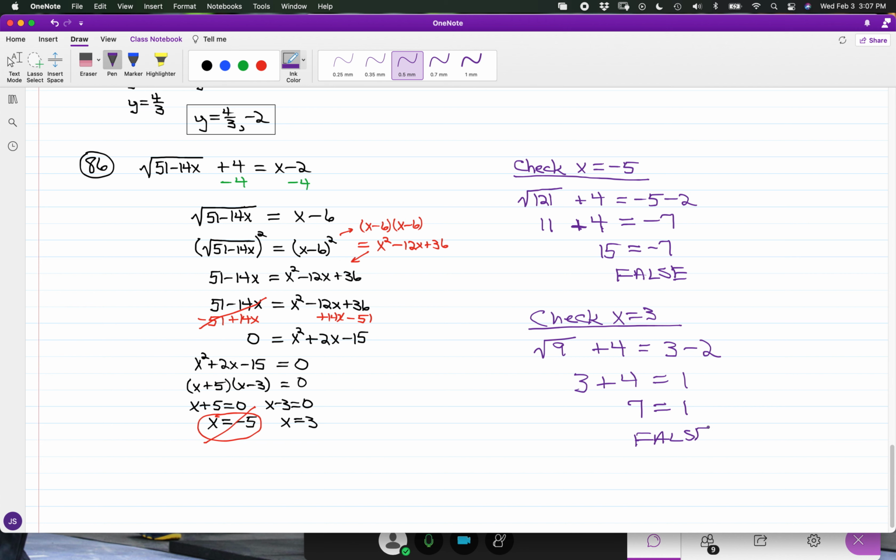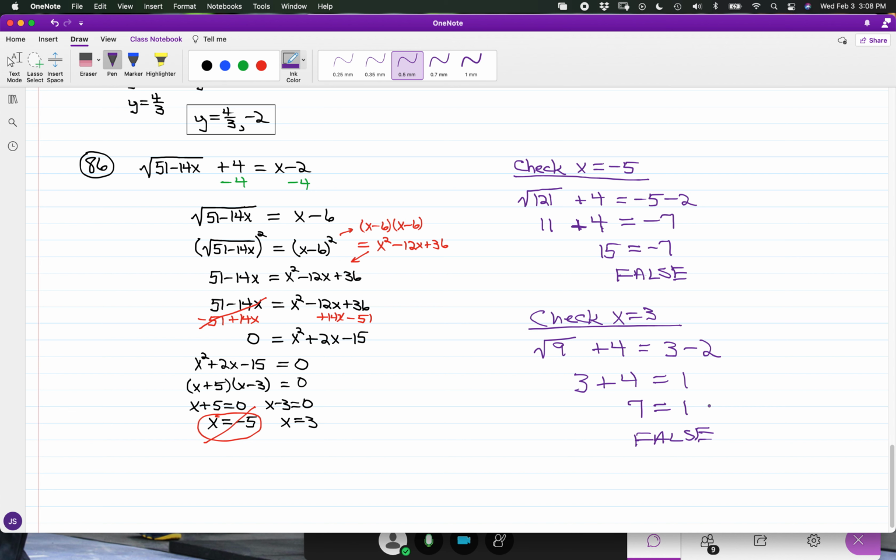And this is the trouble spot, and this is where the principal square root rule kind of overrides the potential for there being a solution. Had the square root of 121 been allowed to be equal to negative 11, negative 11 plus 4 would have been negative 7. And likewise, if I could make the square root of 9 into a negative 3, guess what? Negative 3 plus 4 would be 1, and 1 would be equal to 1.